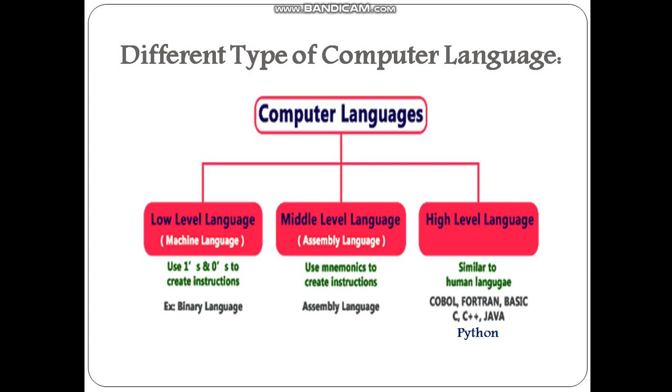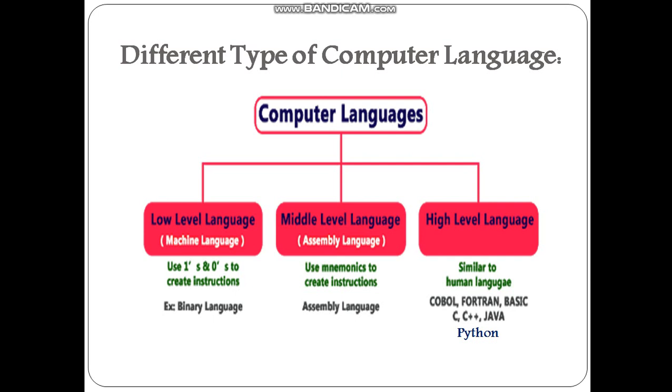Now this high level language will be converted into the low level language or the machine language, which is understandable to the computer and consists of 0 and 1, by some other programs, which are known as compiler or interpreter. Okay, so compiler and interpreter are both language processors, meaning they are used to translate one language into another language, high level language to machine language.